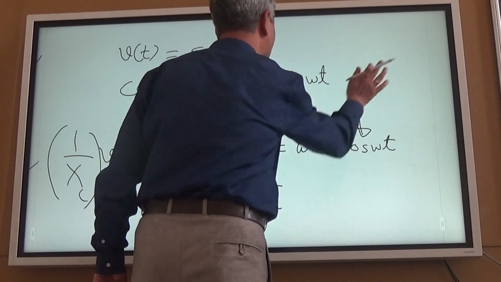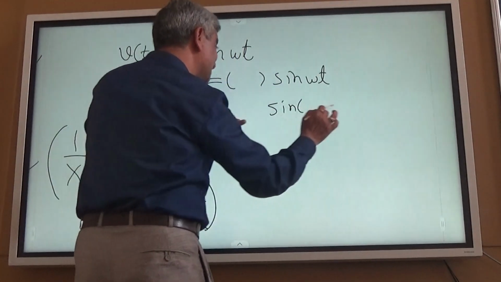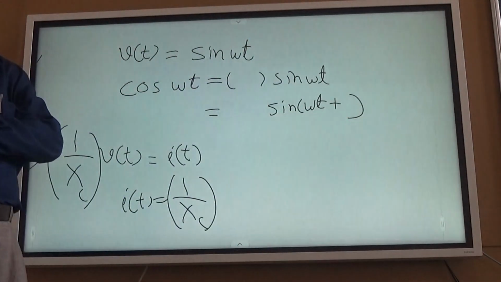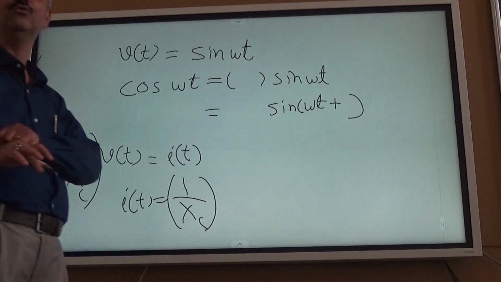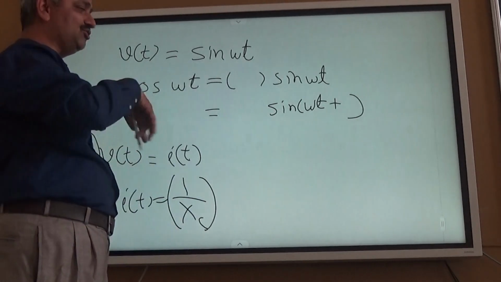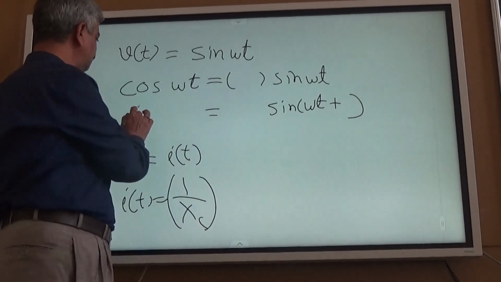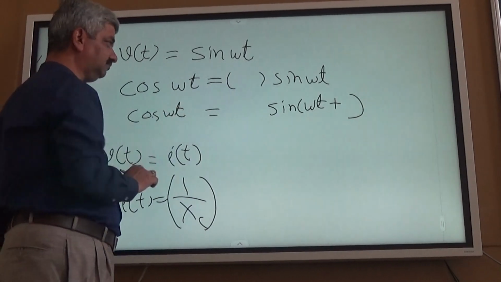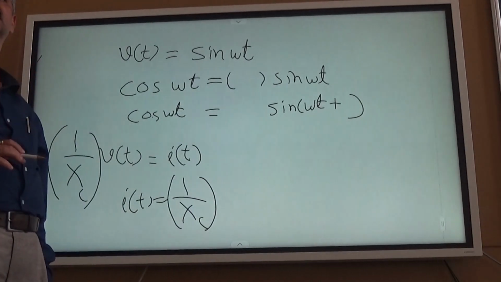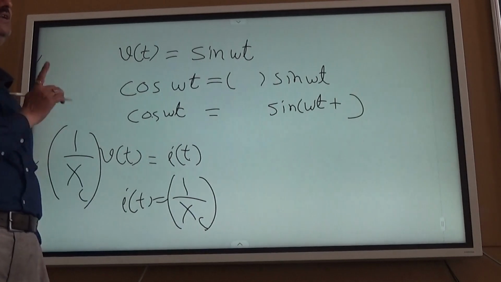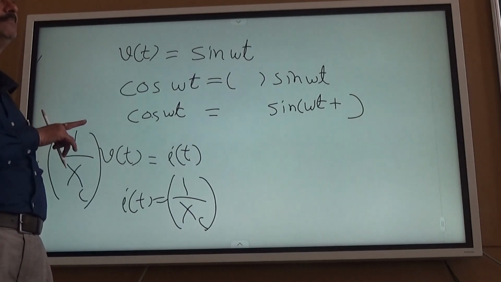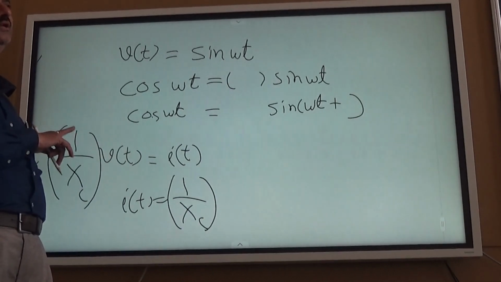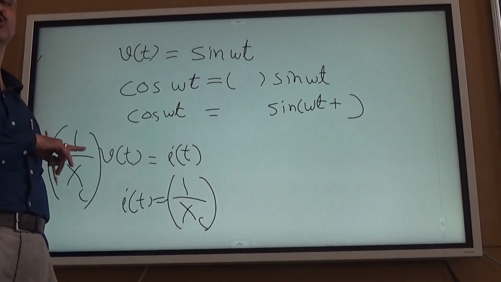Now can I write sin of omega t plus or minus something is cos omega t? Cos 90 is 0. Sine of plus, both will do.